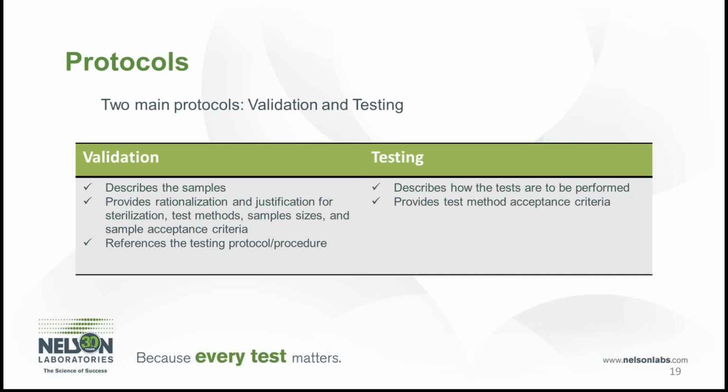It also includes whether the test methods have been validated and if they've established sensitivity or precision and bias if it's applicable to the test methods. These testing protocols also provide the test method acceptance criteria, which would be how do you know that the results obtained from the test are valid? Not that the results are good or bad, but that the results are valid.